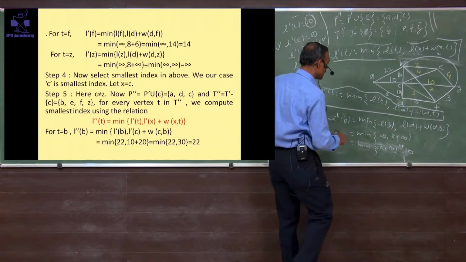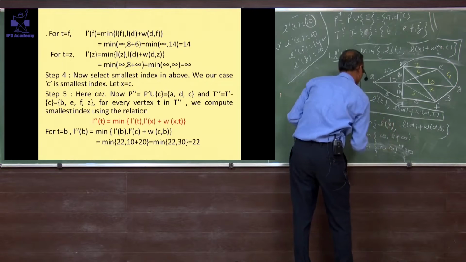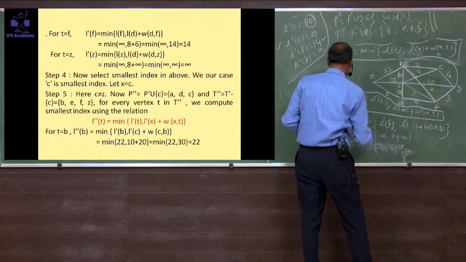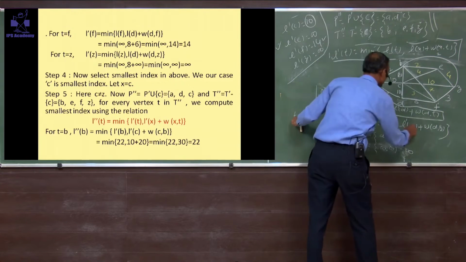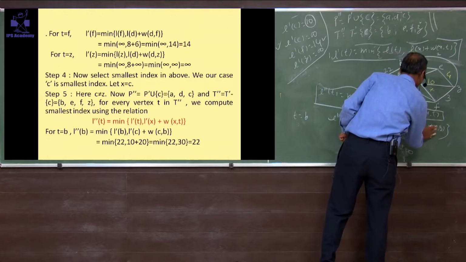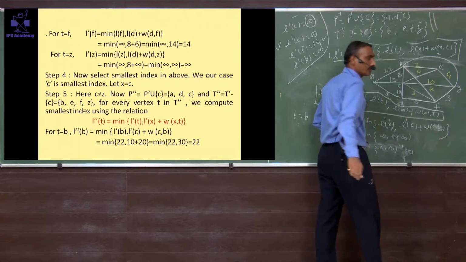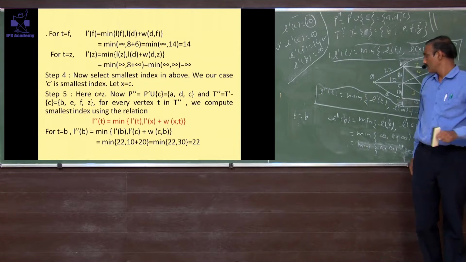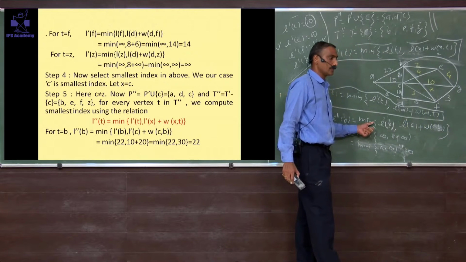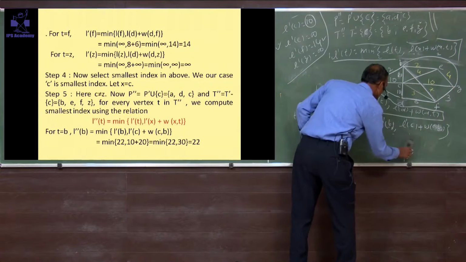Now L double dash B equals to minimum of L dash B and L dash D, where D will be replaced by C. Sorry, here we are taking x equal to C, plus W of C comma B. So here L dash B, comma, L dash C plus W C comma B. So put the values.